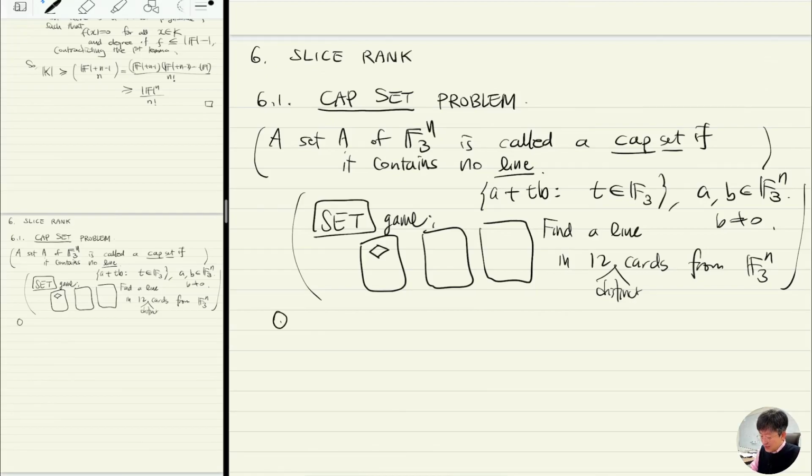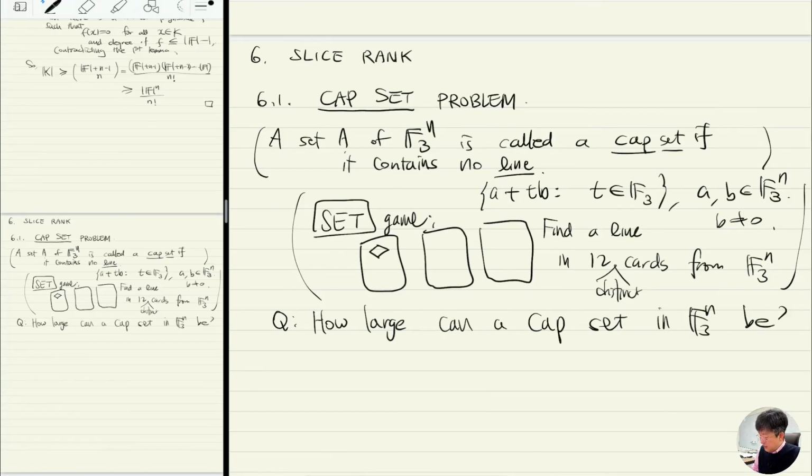So then the question is, how large can a capset in F3 to the n be? Can we construct a large set without any line?